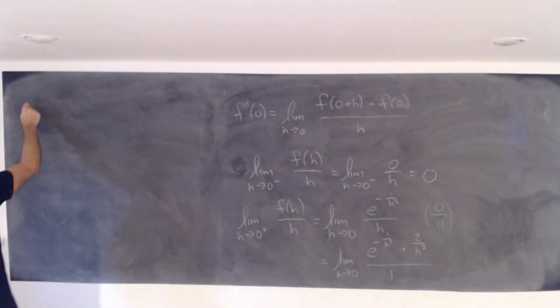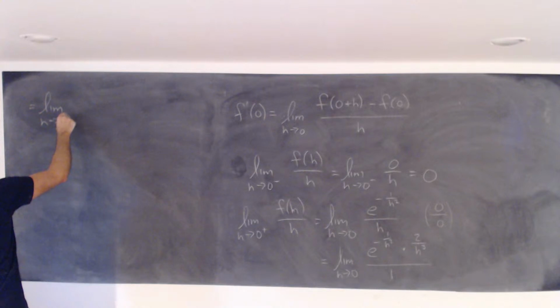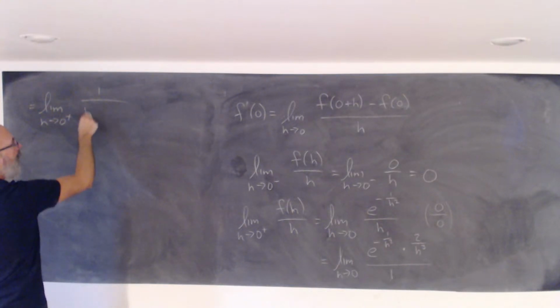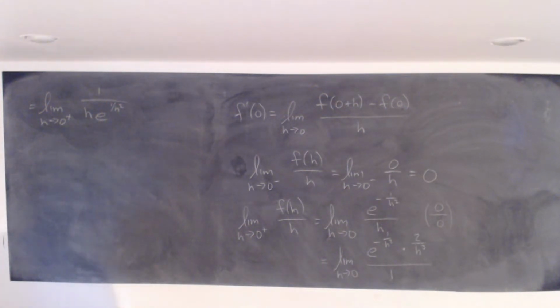If I rewrite this as 1 over h e to the 1 over h squared, does that make it easier?